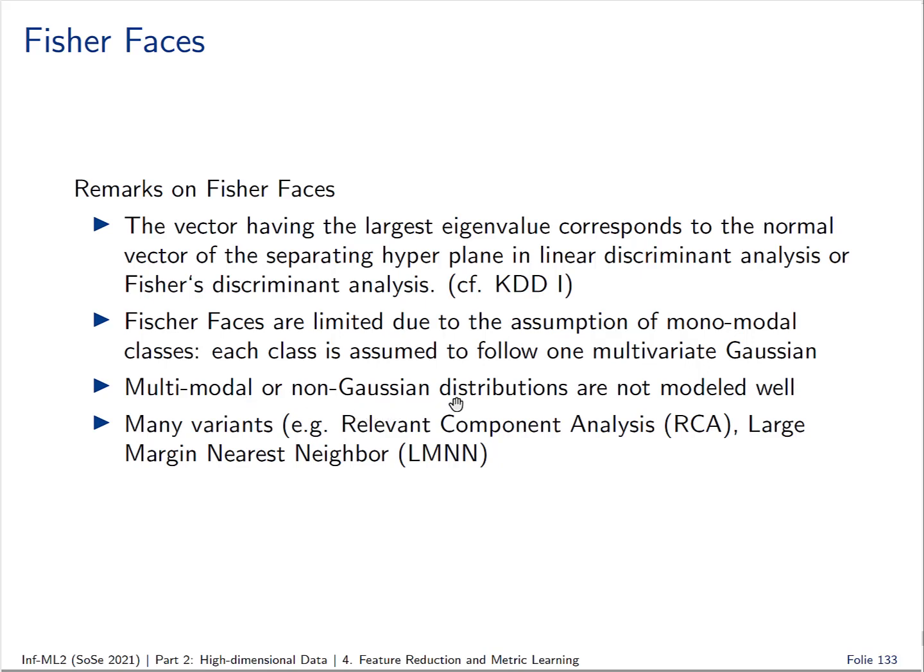The idea is pretty simple. And once again, you see that all of those things rely on different assumptions. Fisher faces rely on monomodal Gaussian distributions. PCA relies on specific assumptions: we look for the directions of highest variance because they are more interesting, more helpful for discriminating between patterns.